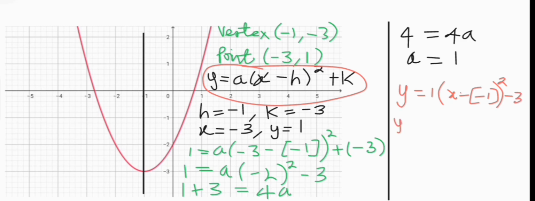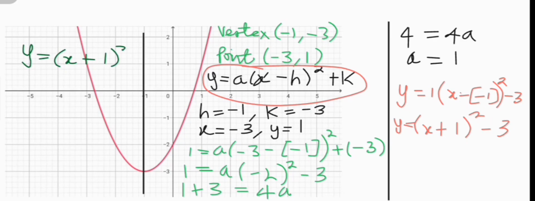And that gives us y equals (x + 1)^2 - 3 as the equation of this parabola. So the equation of this quadratic curve is y equals (x + 1)^2 - 3.